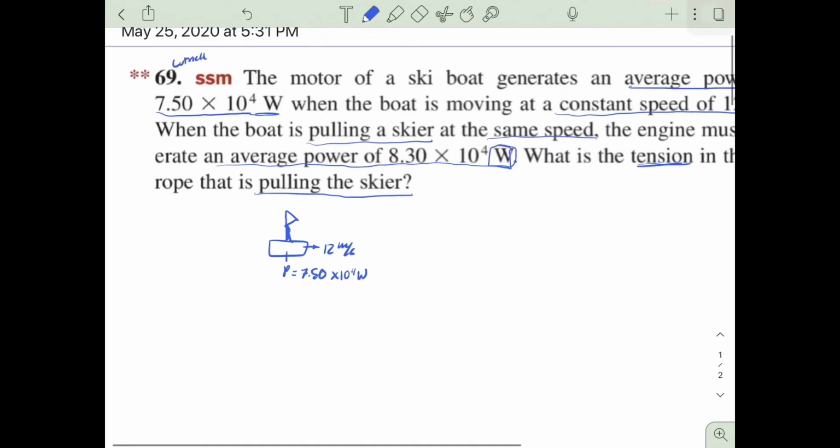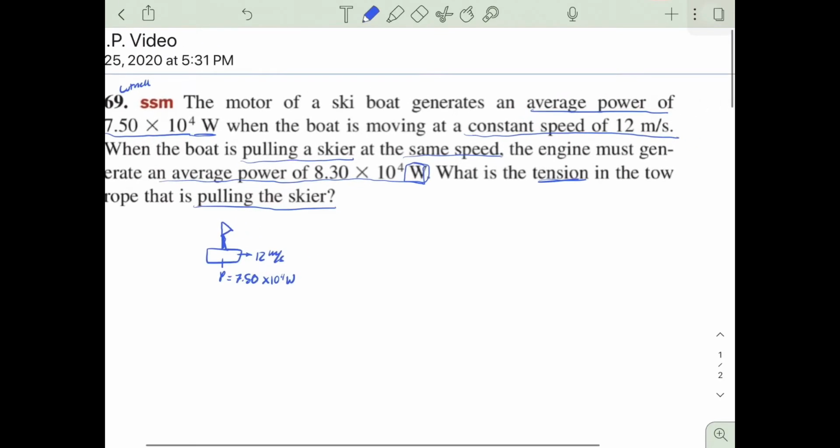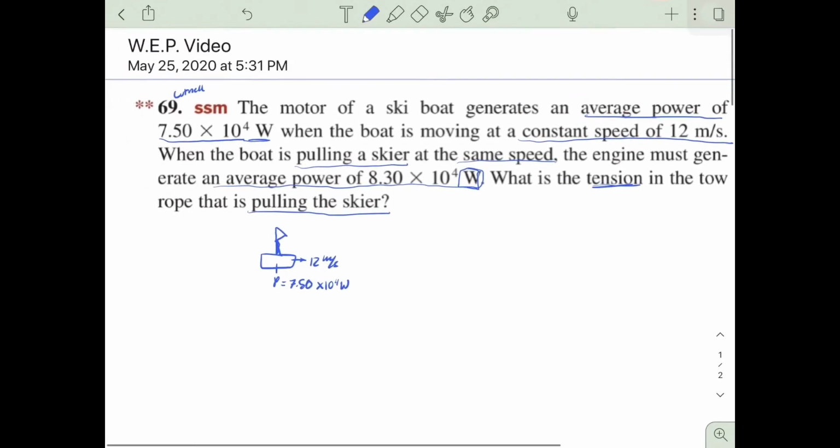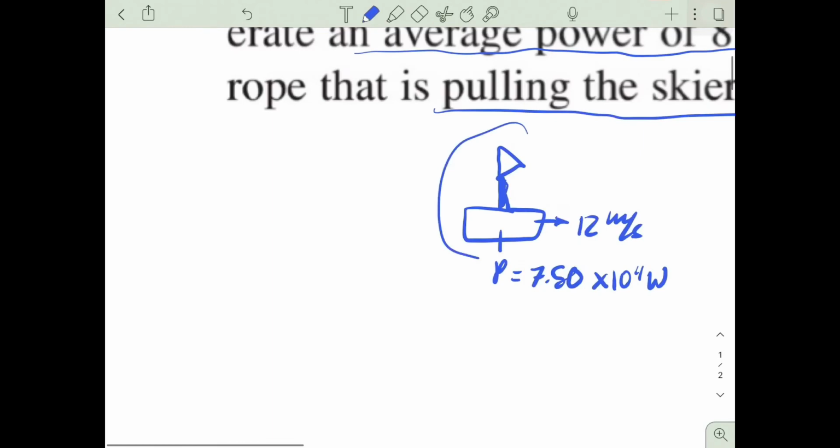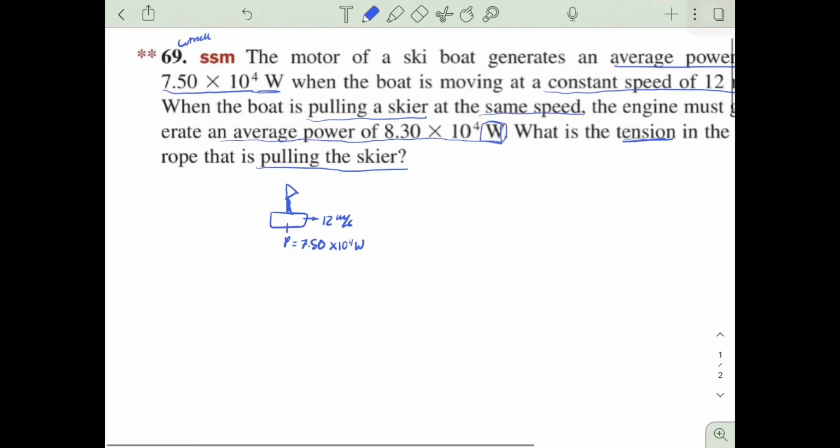It doesn't say anything about a boat pulling a skier. So we can separate them between our initial power and our final power, based on what they're giving us in the problem.